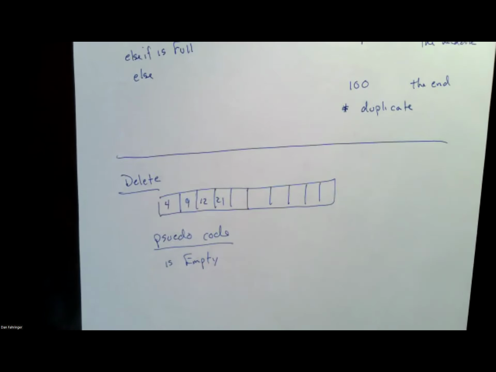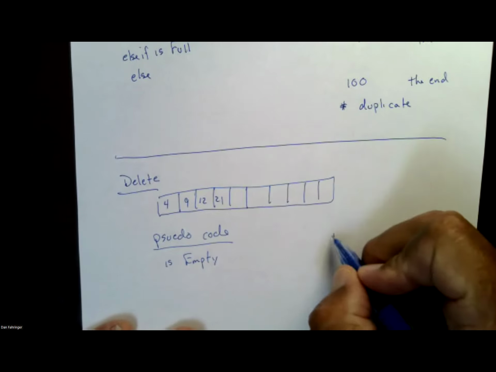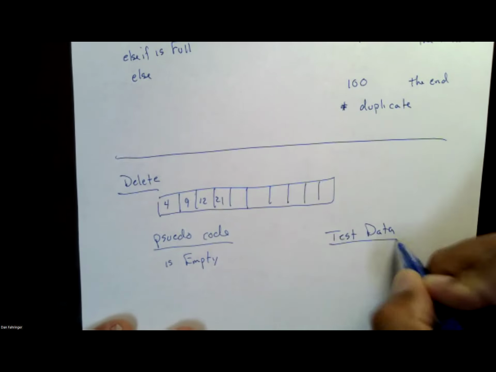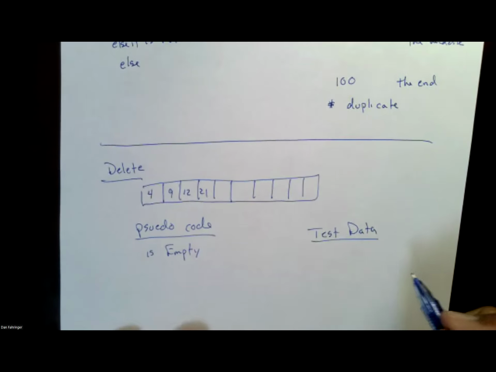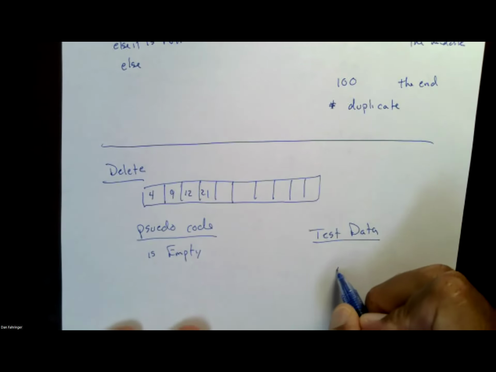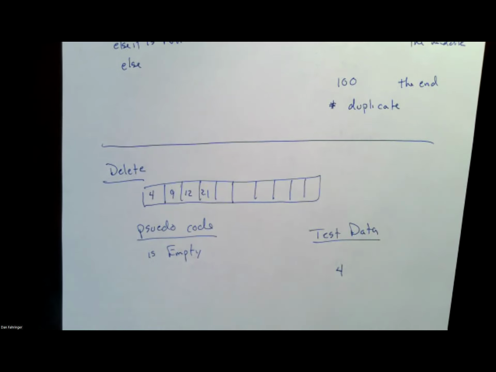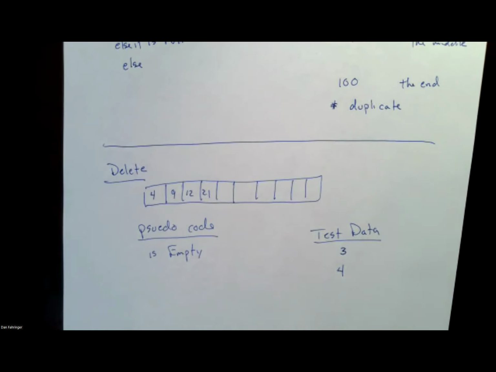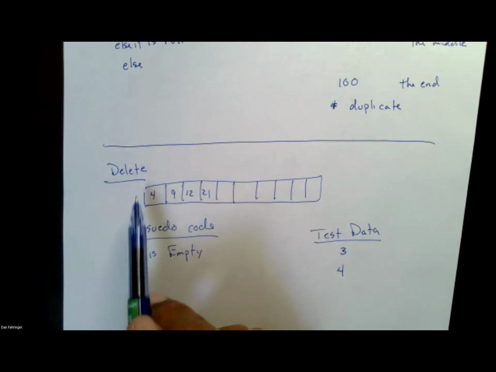I want to delete. Oh boy. Test data. Give me some thoughts on what to delete. Duplicates again. Okay. Let's delete 4. What happens? We're just coming up with crazy numbers. Let's get rid of 3. Oh, 3's not there, but look where 3 would be.